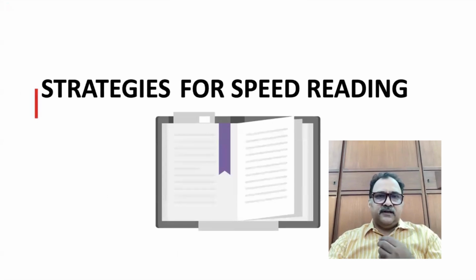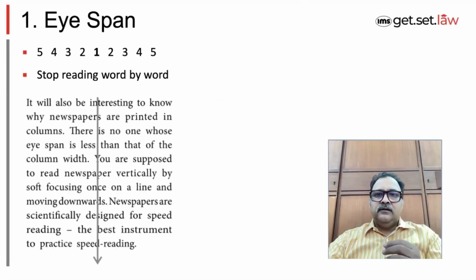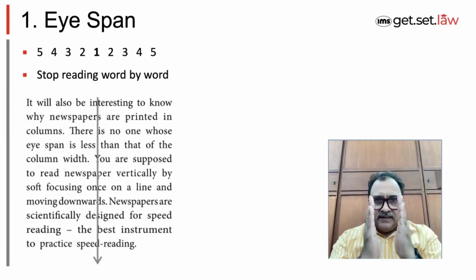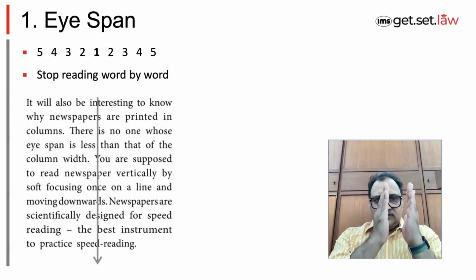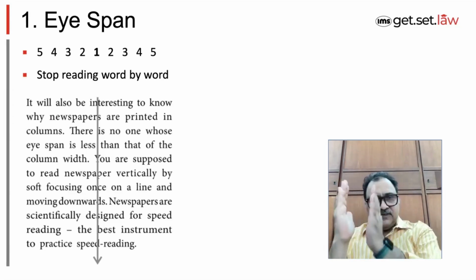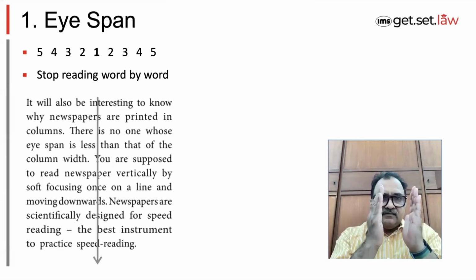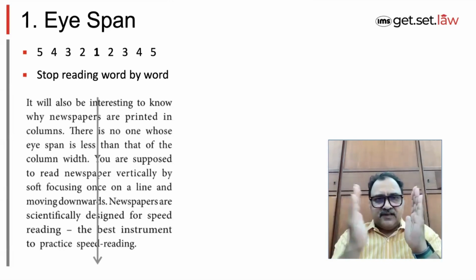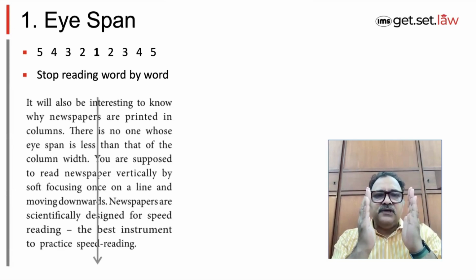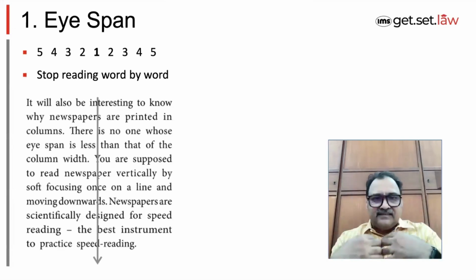Strategies for speed reading. Number one, eye span. So if you read the newspaper, you will see that the newspapers are printed in narrow columns. Okay. So this column, this column, this column. Why this? They could easily do this, right? But they want you to be able to process it fast.